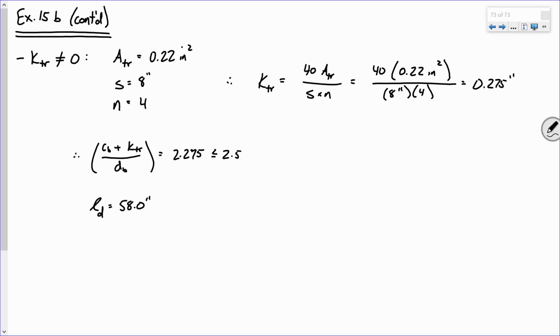And if you then further reduce it, you'll get 53.2 inches. All right. Any questions?